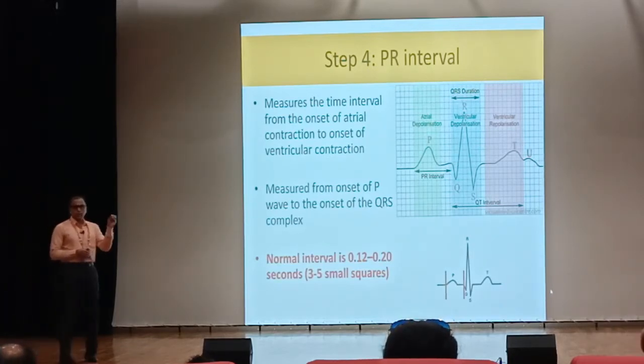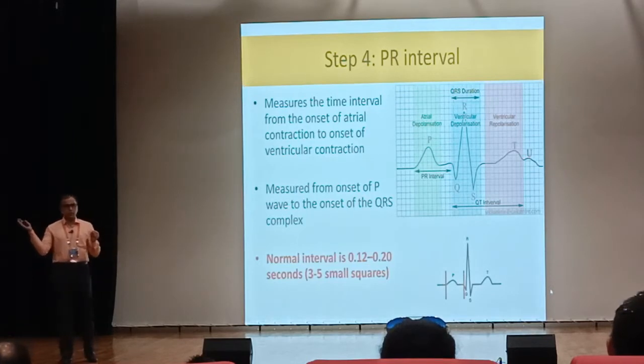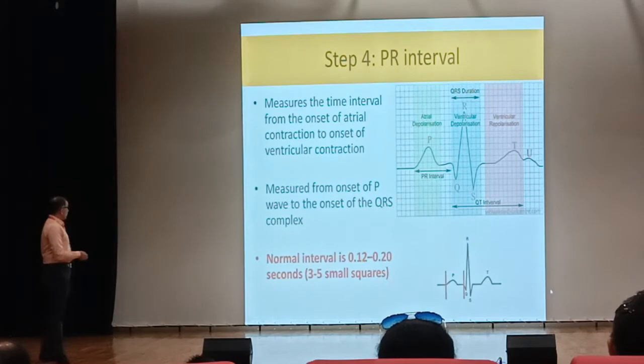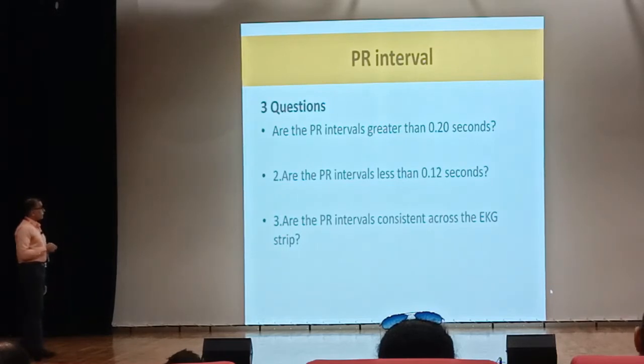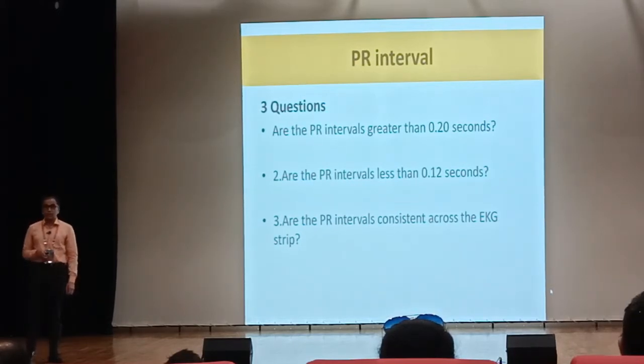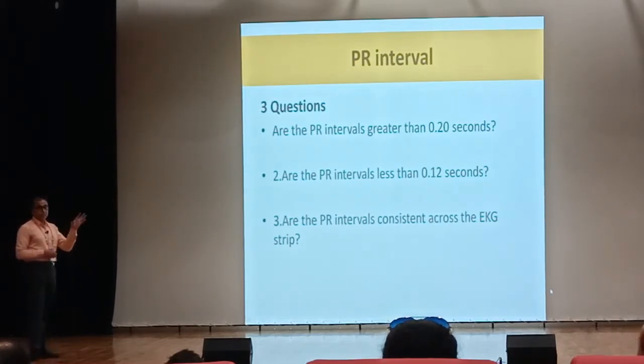The normal duration is 0.12 to 0.2 seconds. Each small square on the horizontal axis is 0.04 seconds. So 3 small squares make 0.12 seconds and 5 make 0.2 seconds. This is the normal range. What you have to look at is whether the PR interval is more than 0.2 or not. A shorter PR interval talks about an aberrant pathway, like delta waves or other waves.